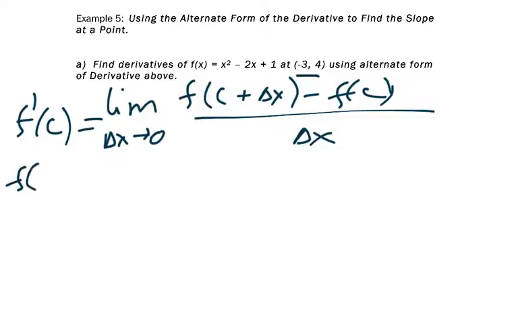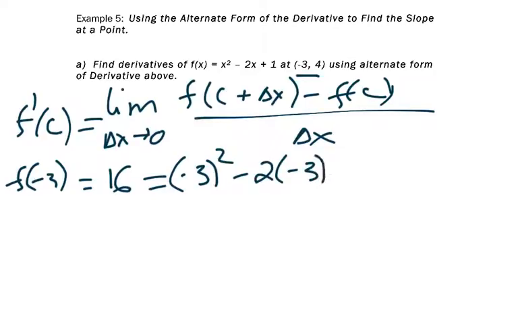So let's look at f of negative 3. If we plug it in, it should give us 16, because we have negative 3 squared minus 2 times negative 3 plus 1, which will give you 16. Then we want to know f of negative 3 plus delta x. So instead of using the x value, we actually use a number.